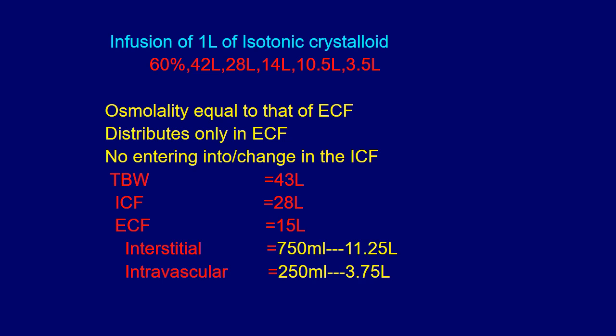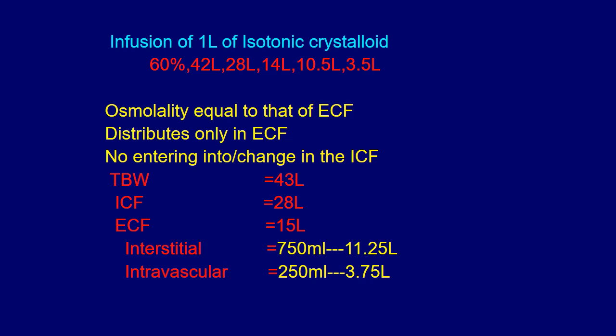So your total body water, which was earlier 42 liters, now will become 43 liters. The intracellular fluid compartment is not changed, so it was 28 liters and it will remain 28 liters. And the extracellular fluid compartment will expand by 1 liter, so 14 liters will become 15 liters.